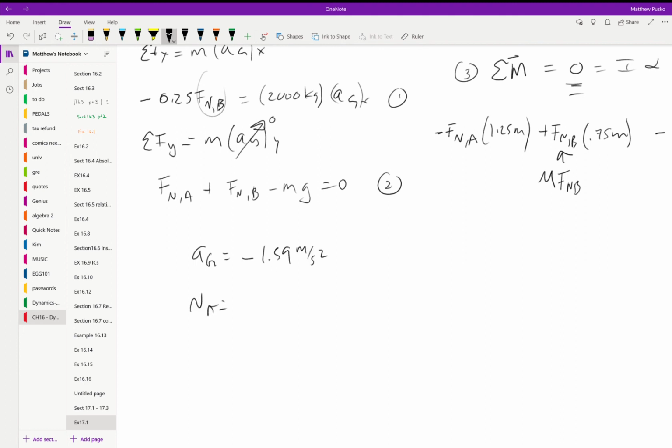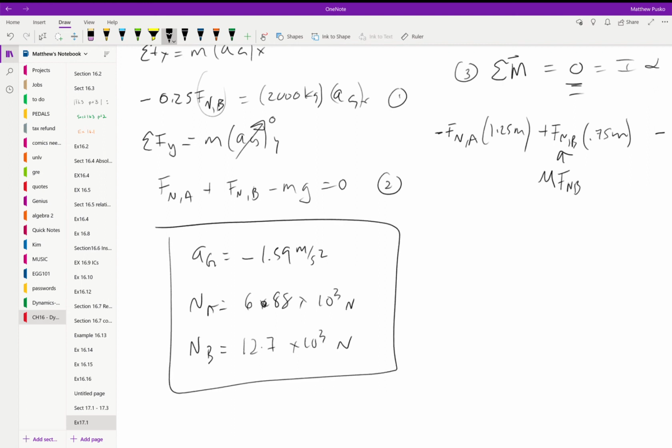Then if you wanted to, you could figure out what the normal forces are. It comes out to be 6.88 times 10 to the third newtons at A, pushing up, and the normal force at B ends up being 12.7 times 10 to the third newtons.